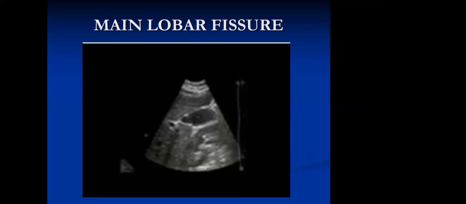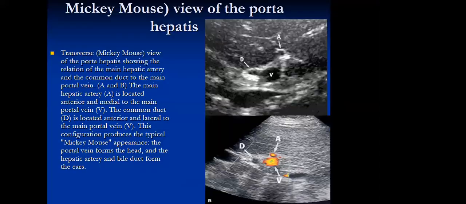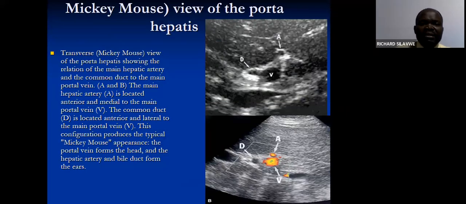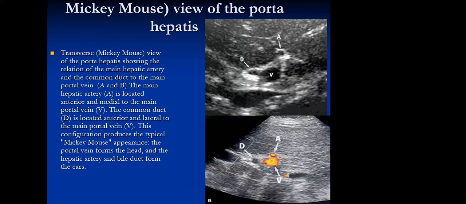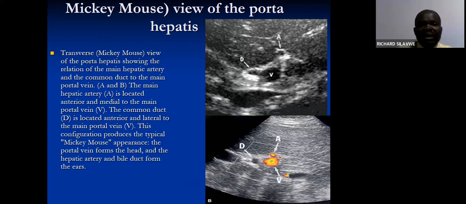Then in transverse, you see the Mickey Mouse, whereby you see the porta hepatis showing the relation of the main hepatic artery and the common bile duct. I have the image here, which is showing the hepatic artery here.